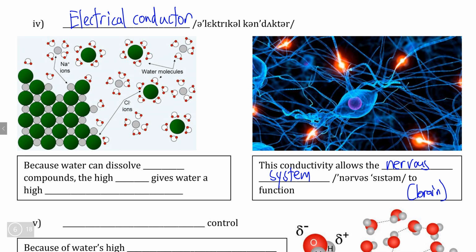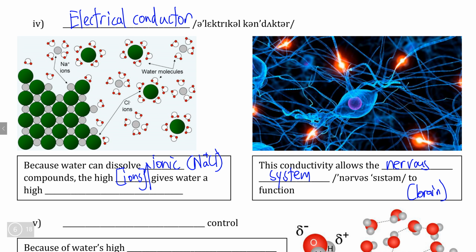Well, we know that water is able to dissolve ionic compounds, and of course the most common ionic compound in our body is good old NaCl. And when water dissolves NaCl into sodium and chloride ions, it causes the ion concentration in certain locations in the body to become very high, which allows an electrical current to be able to pass through it.